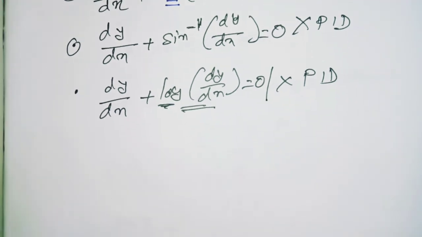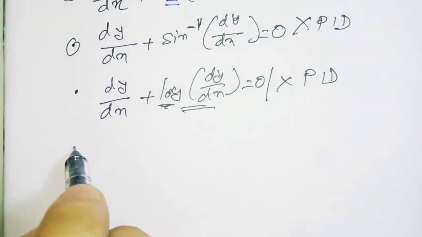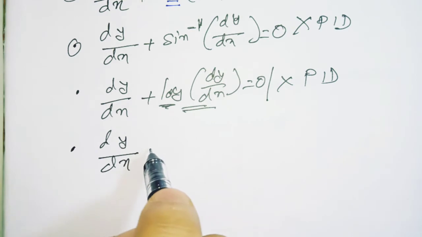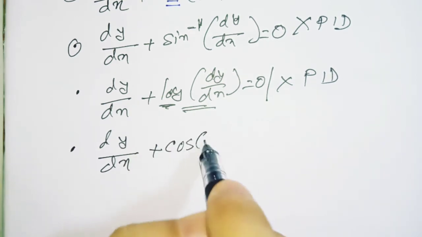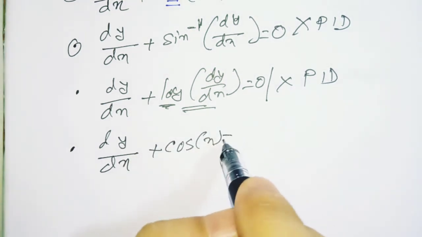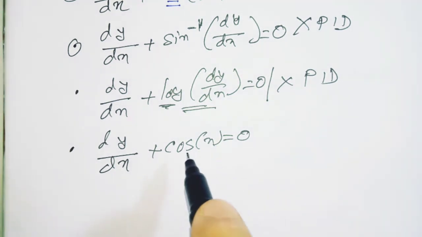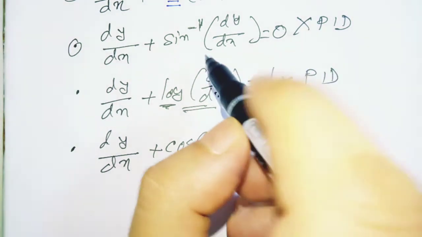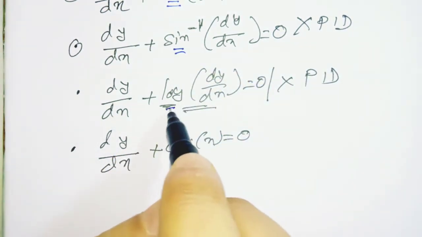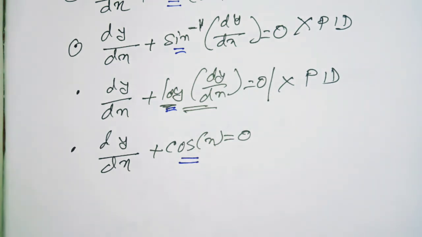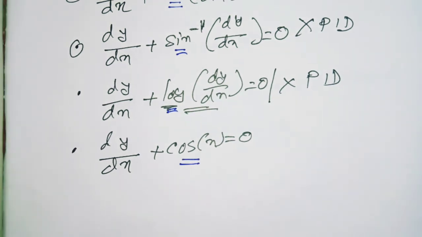Let us take another example. Say, dy by dx plus cos of x equals 0. Now, is this a polynomial in derivative? You can pause the video and think and let me know. Yes, this is a polynomial in derivative. You might be wondering that if I have denied sine and log over here, how I am saying that cos x is going to be a polynomial in derivative.